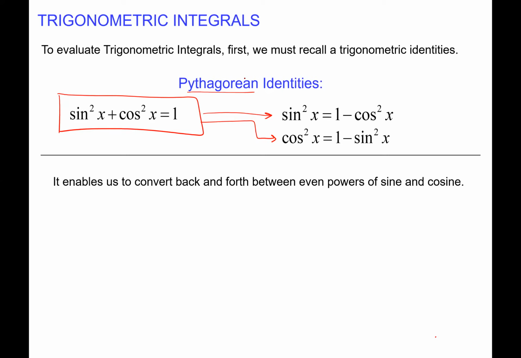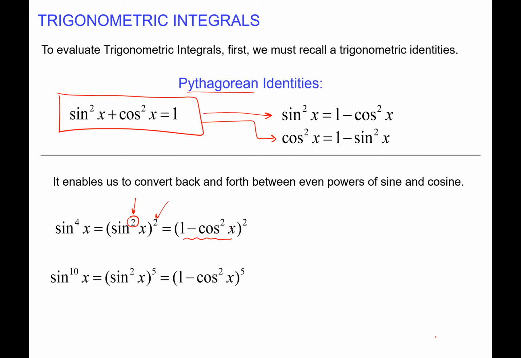Just in case we have a little bit higher power, like sine to the power of 4 of x, and we want to rewrite in terms of cosine, of course, we will focus on the square and then another square. And this is sine square of x in terms of cosine. Or maybe to the power of 10, again, we will focus on the square and the remaining power based on the powers property.